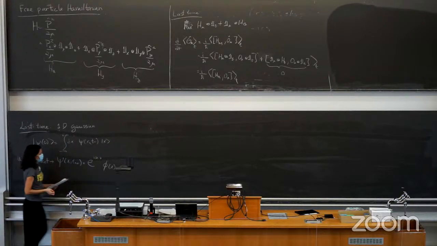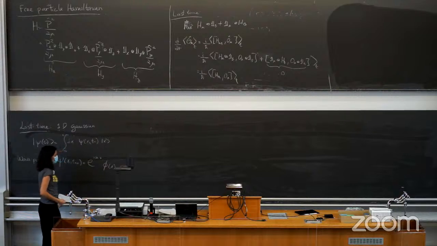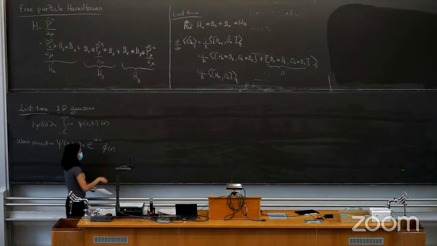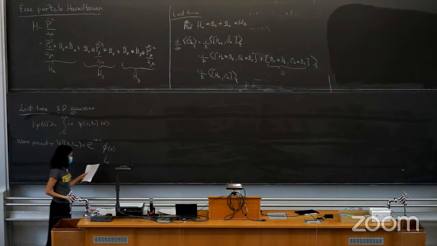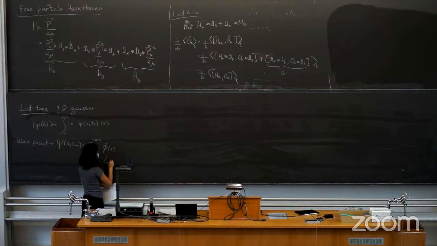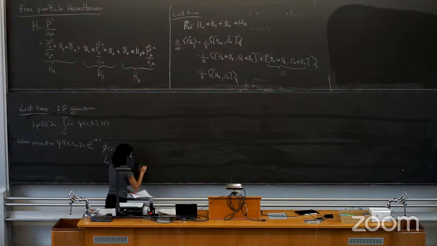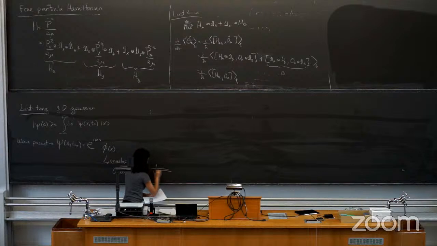And in particular, this is the envelope function when it is Gaussian. That is, the fourth root of 2 pi sigma squared.